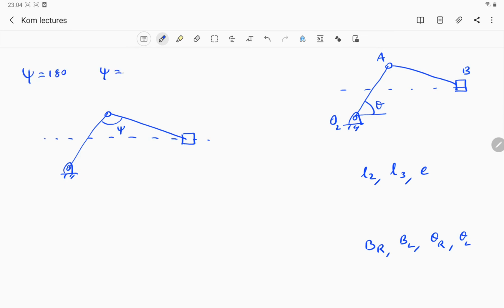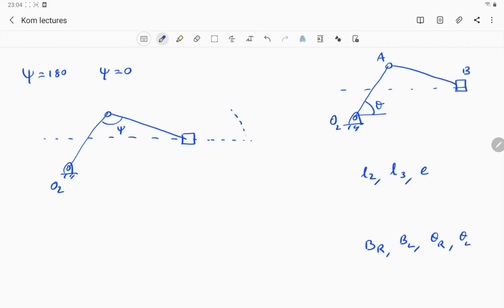If psi has to be 180, then to identify the extreme position BR, we need to draw a circle with O2 as the center and radius L2 plus L3.